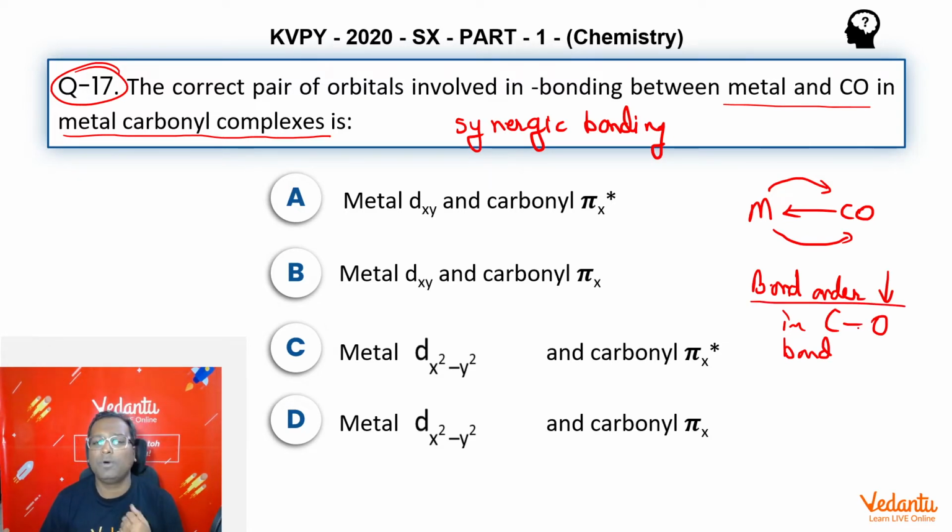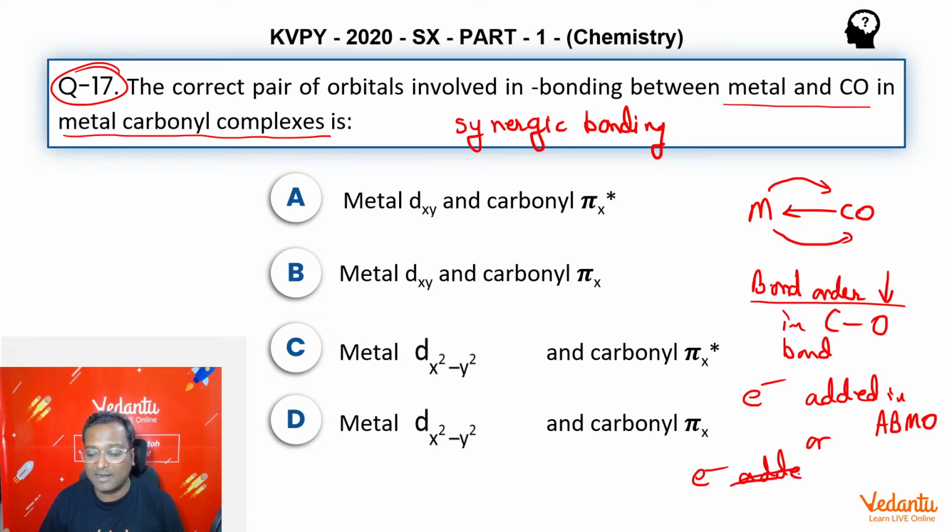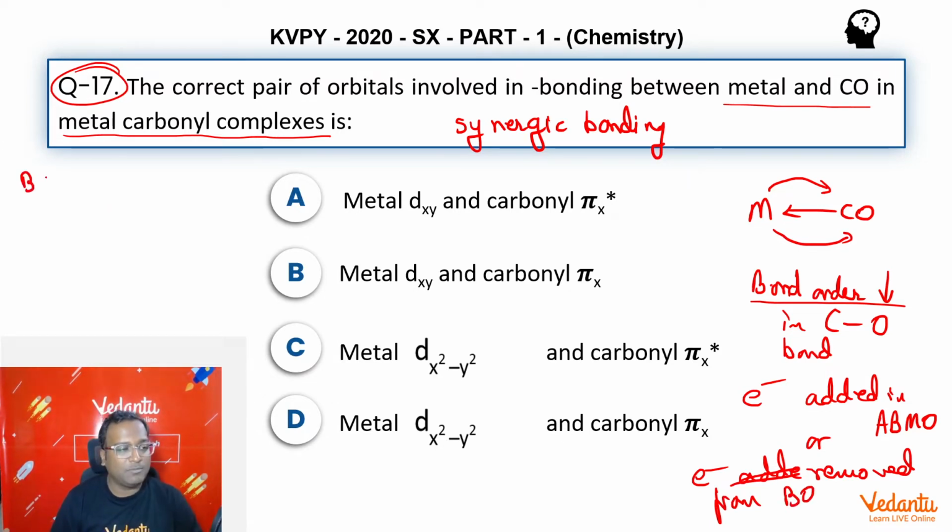Now, when does the bond order reduce, guys? Bond order reduces when either the electron is added in antibonding orbitals, or when the electrons are removed from bonding orbitals, right? How did this come about? We know that bond order is equal to number of bonding electrons minus number of anti-bonding electrons upon 2.